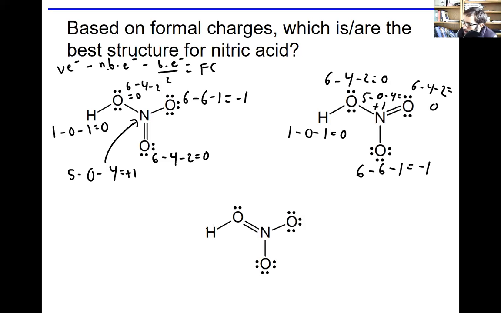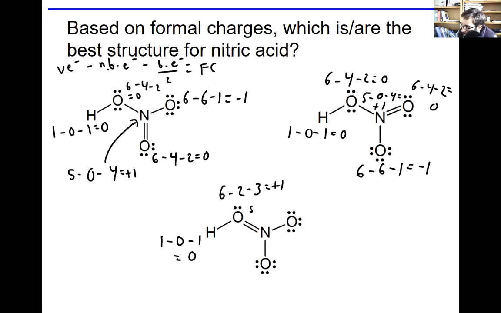We did it right. Down here, hydrogen has 1 valence electron, no non-bonding, no lone pairs, minus the 1 bond, that gets us 0. Oxygen, 6 valence electrons, 2 in the lone pair, and then we have 3 bonds. That's going to be +1.